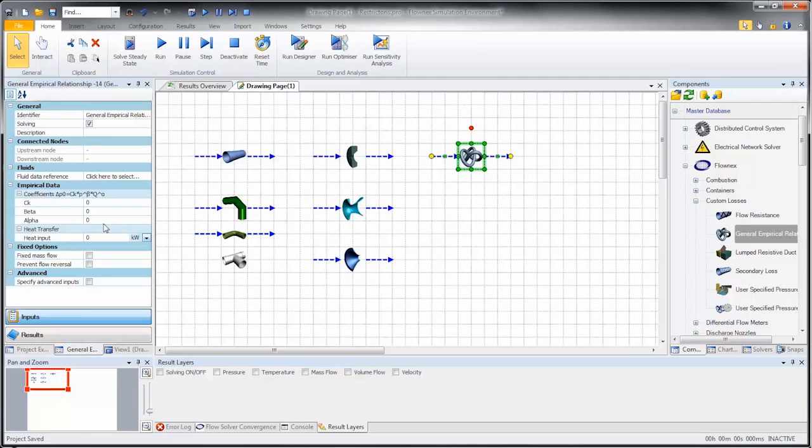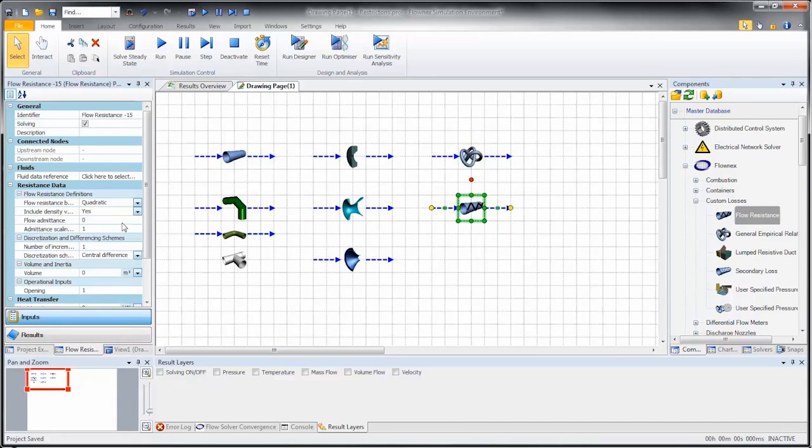Under custom losses, we have, amongst others, the general empirical relationship, which requires values for CK, alpha and beta according to the relationship delta P equals the coefficient CK multiplied by the density to the power of beta and volume flow to the power of alpha. For general purposes, you can use a value of 1 for beta and 2 for alpha, which will give you a quadratic pressure flow relationship. And then my personal favorite, the flow resistance component, which only requires one input, the flow admittance.